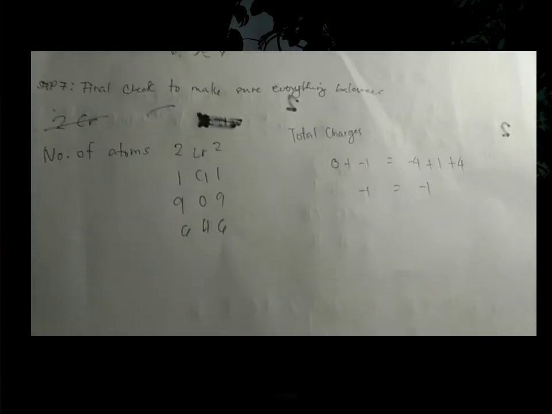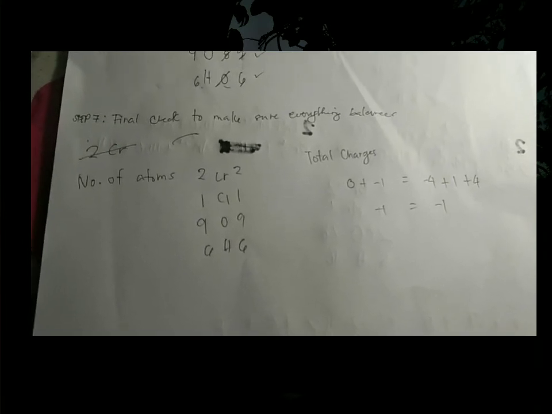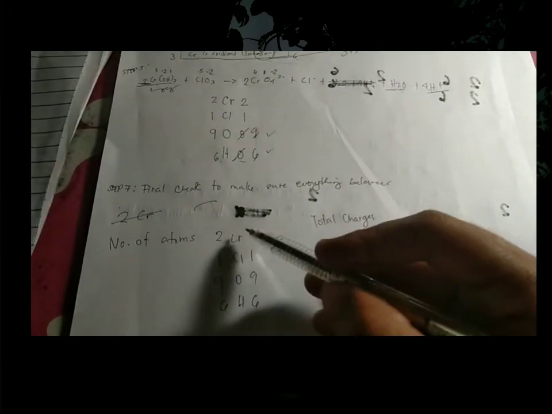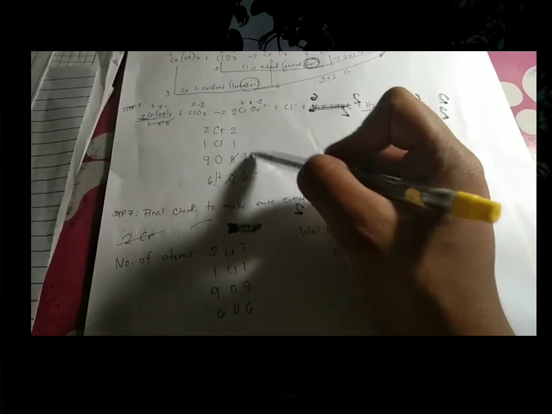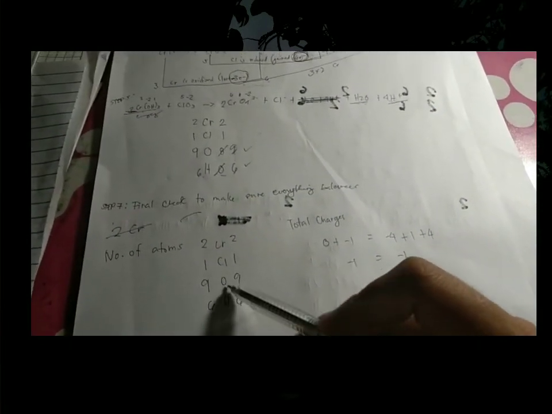So kailangan nating i-balance lahat ng solution or equation. So the number of atoms. So we have chromium 2, then dito chromium 2, chlorine 1 and chlorine 1, oxygen 9, and hydrogen 6 and hydrogen 6.